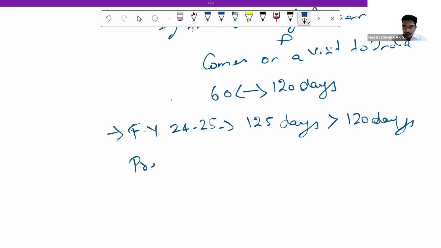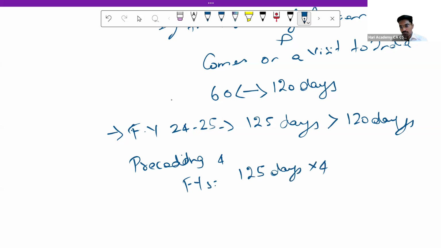In the preceding 4 financial years, he has always been there for 125 days per year. 125 into 4 is 500 days.